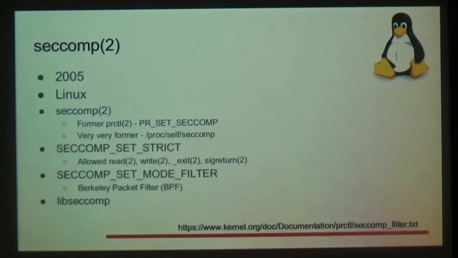But for example, in our cat example, it would work quite well. Another mode in which seccomp can work is a filter mode. It's based on Berkeley Packet Filter, and it filters which syscalls can be used and which parameters to the syscall can be passed.